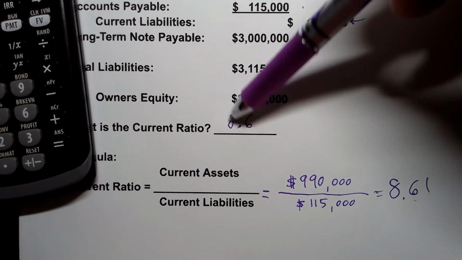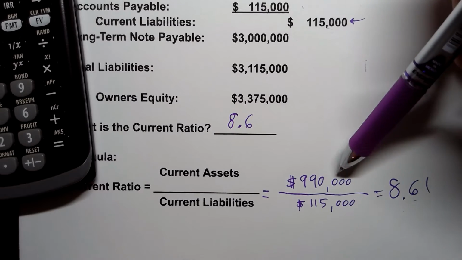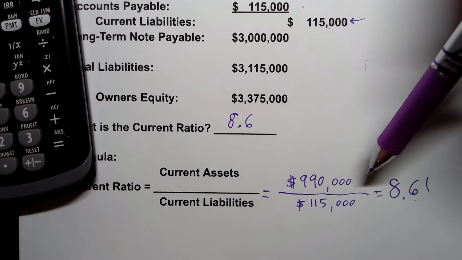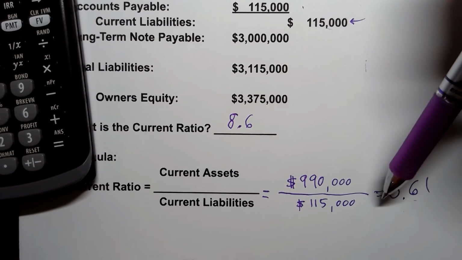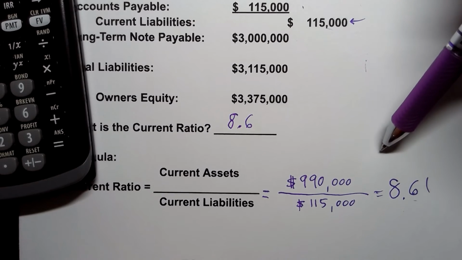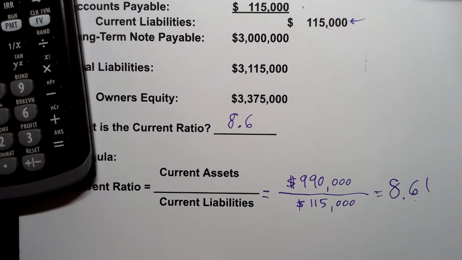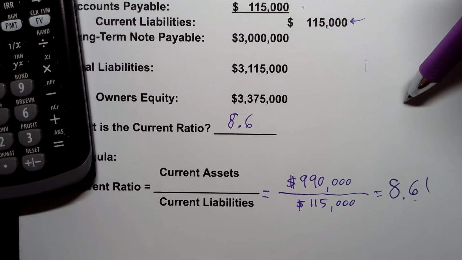So any number above one would indicate a healthy or somewhat healthy, relatively healthy company. If the number was below one, then it would indicate that our current liabilities that need to be paid in a year are higher than the amount of current assets we have. And we might have to either dig into long-term assets and sell them, perhaps even at a loss, or we may have to borrow money to pay off the current liabilities.